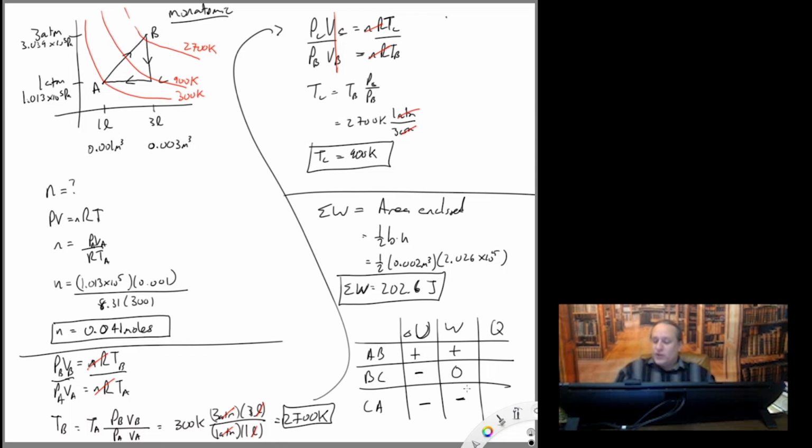Okay, great. So now we can find the sign of Q. When we have a plus sign for delta U and a plus sign for W, we must get a plus sign for Q when we add those together. When we add a negative thing and a 0 together, we get a negative thing. And two negatives make a positive. I tricked you again.